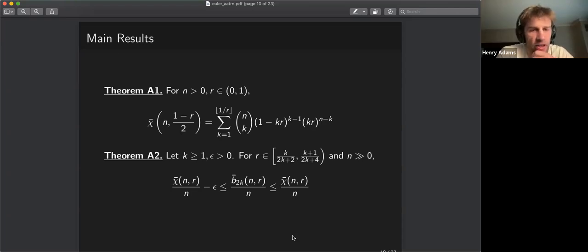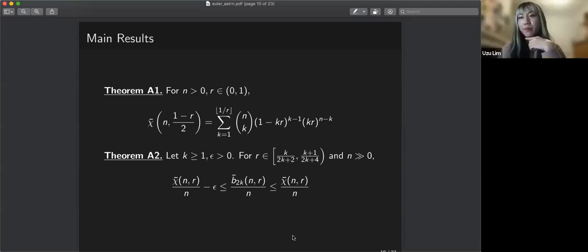And then theorem A2 is sort of giving windows on the 2K-dimensional Betti number, saying that the 2K-dimensional Betti number is approximating the normalized Euler characteristic with a little bit of error. Is that right? Mm-hmm.